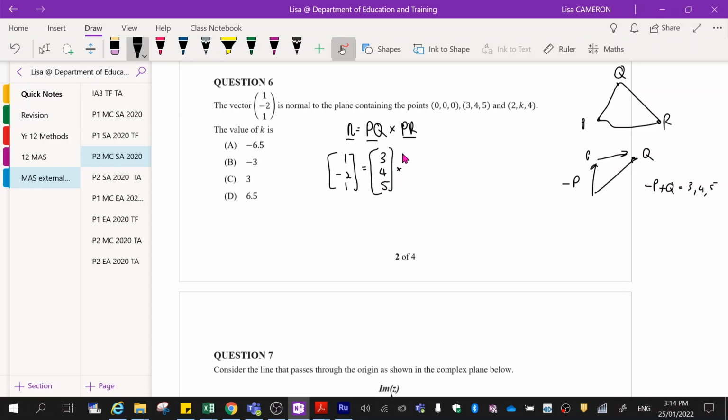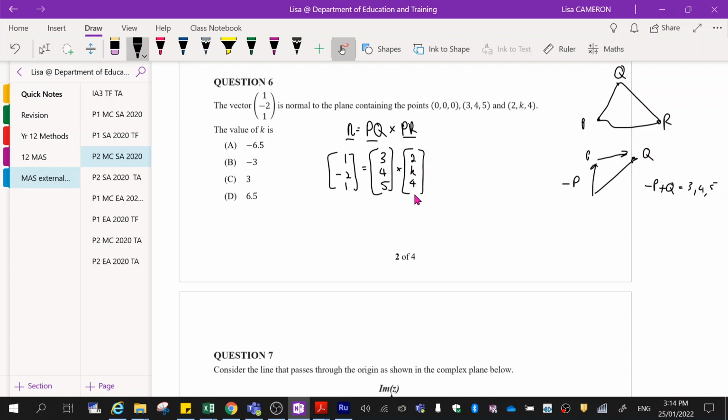Okay, and then I'm going to times that by, we're going to have the same thing when we do P to R. So we'll still reverse the direction of P, but that's just going to leave us with these ones here. So it's going to be 2, K and 4.